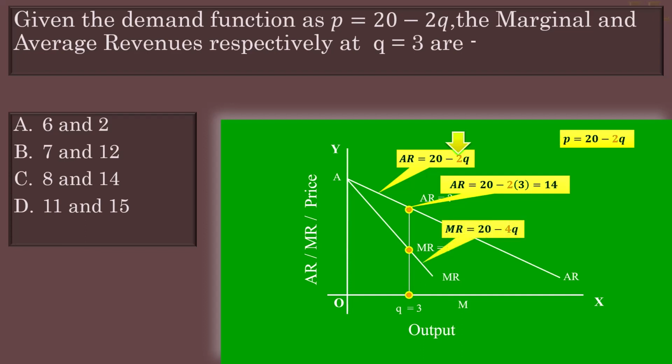Marginal revenue function is MR equal to 20 minus 4Q. Substitute Q equal to 3 in MR function. MR is 8 rupees. Thus, we can easily find out the values of average revenue and marginal revenue for a given output from the demand function.